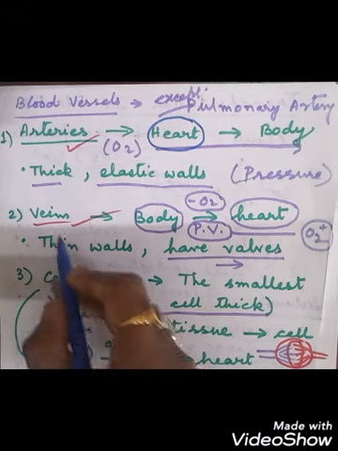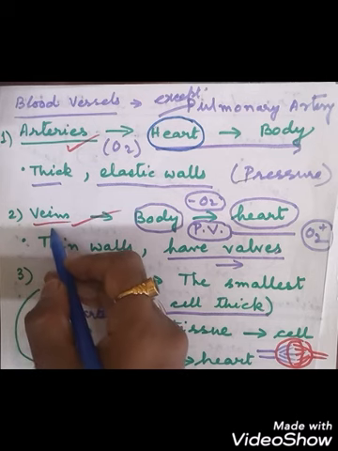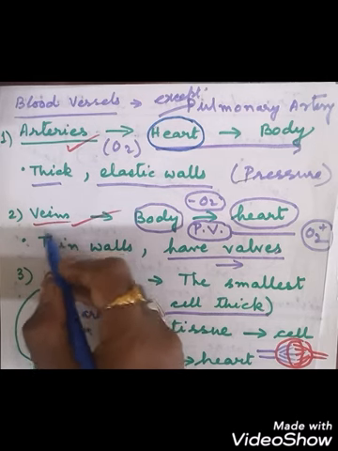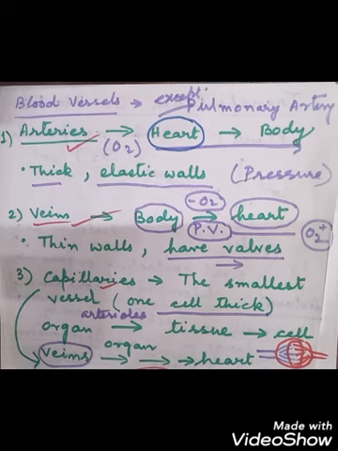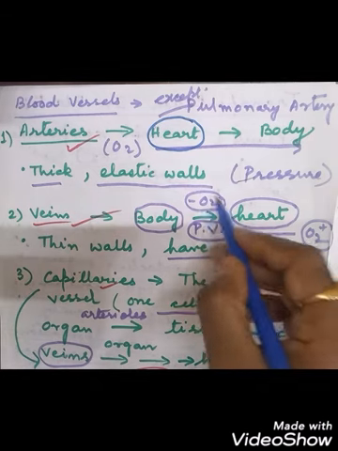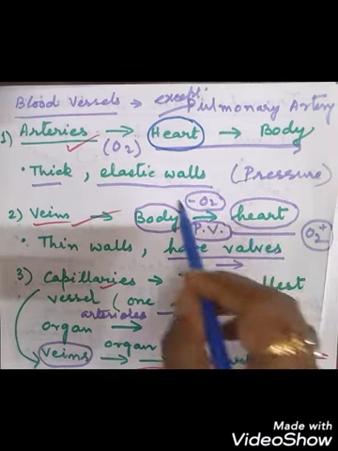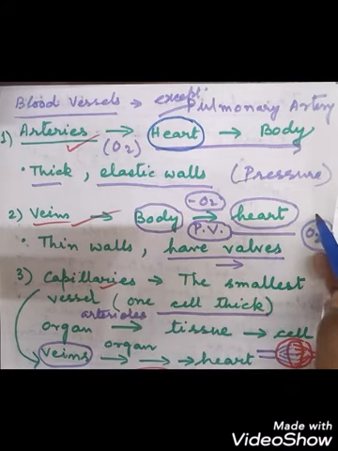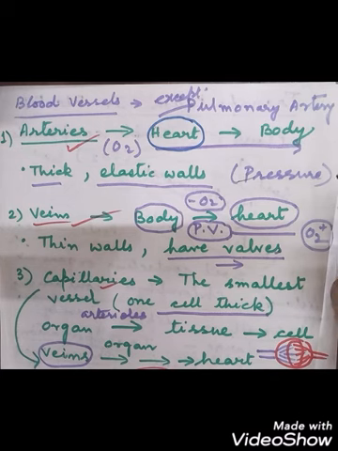Now the next type of blood vessel is veins. So this blood vessel will carry deoxygenated blood from all the body parts to the heart for the addition of oxygen or purification in the lungs.